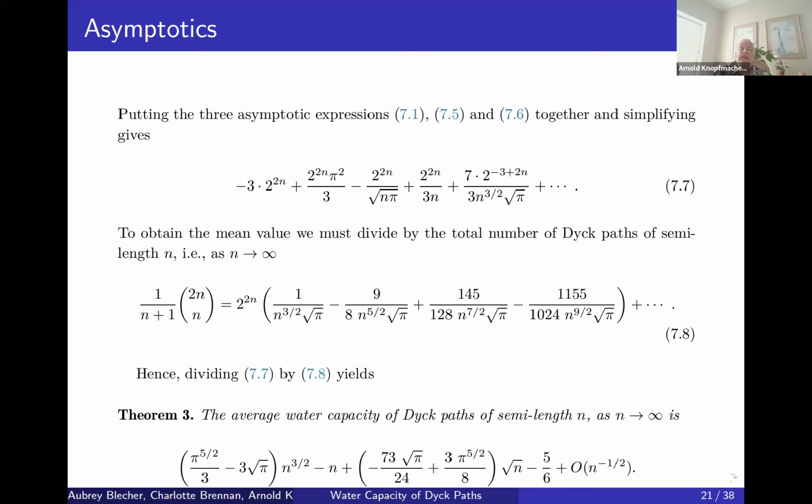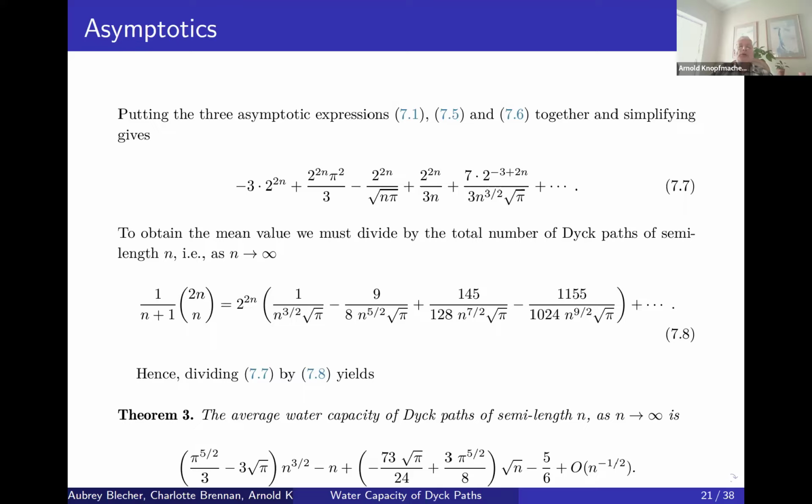And that gives the next equation. We notice that after we do the combination, we see we have some terms of the form 2 to the 2n, or if you prefer, 4 to the n. But there were some log terms that were there, and those have actually cancelled out. So those are gone, which is good.